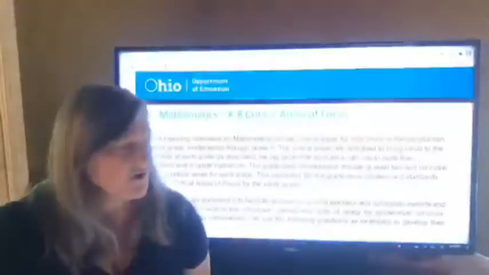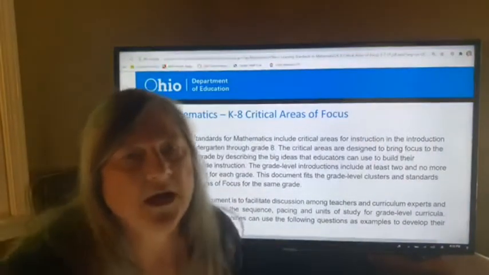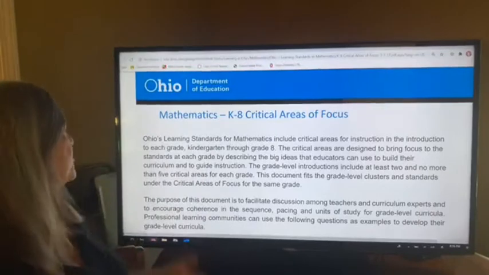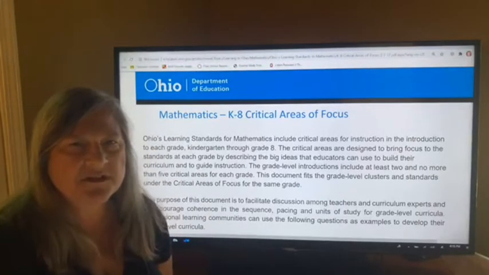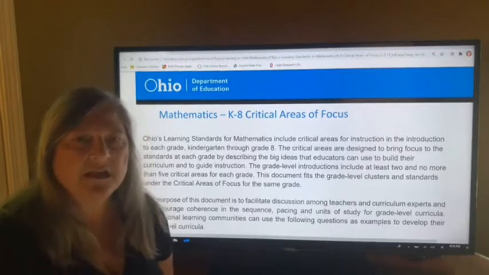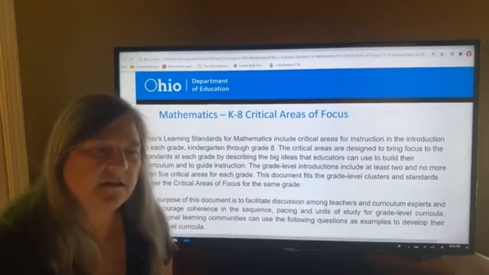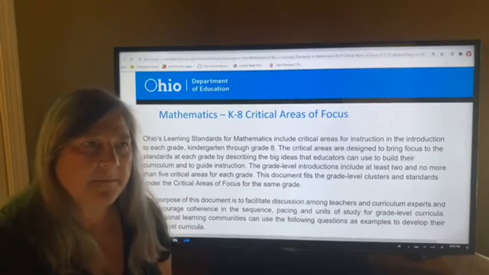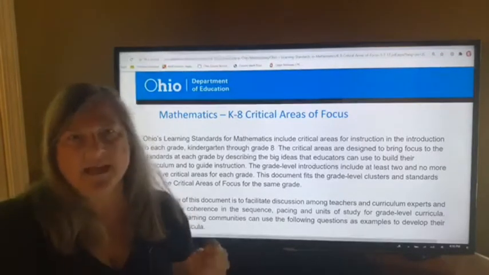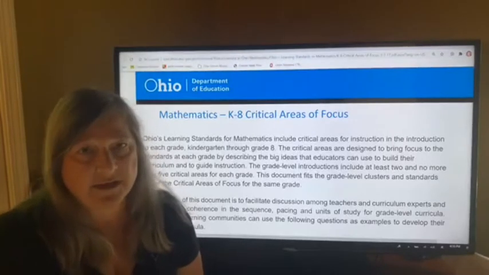So I'm going to just show you what it looks like. At Ohio Department of Education, there's a document that's called the Critical Areas of Focus. And let me just explain briefly what that is. It's really a tool designed for use by teachers to, first of all, know what the big ideas are in each grade level.